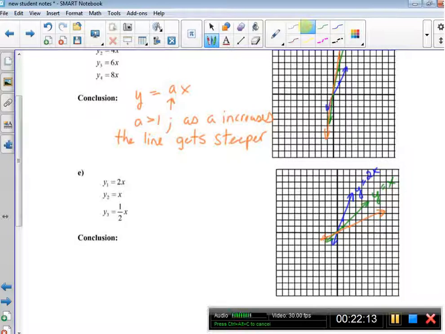And so it looks like it's going to get more horizontal. And what happens with that is that a is now decreasing. So as a decreases, so it's y equals ax. As a decreases, the graph gets less steep.